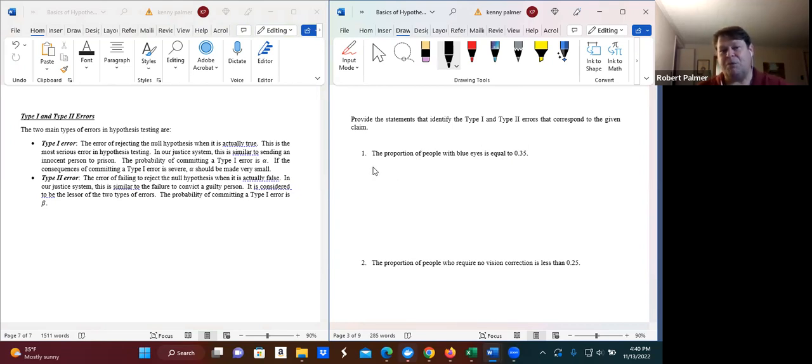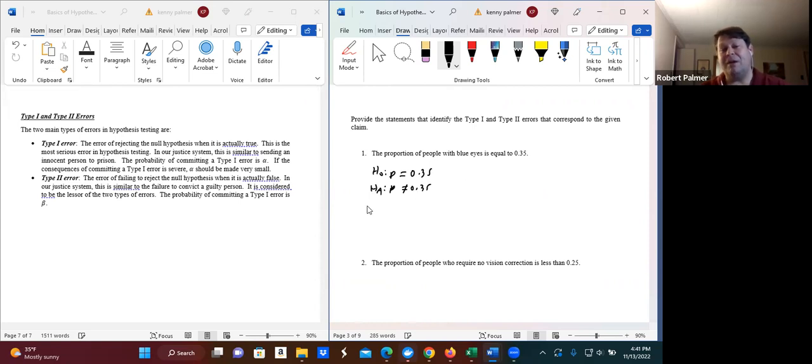Now this is another one where the claim would actually be the same as the null hypothesis, which is a little strange, but we'll talk about it. It says proportion, so it's going to be proportion p. The claim is the same as the null hypothesis, which is p equal to 0.35. The alternate would then be that p is not equal to 0.35.